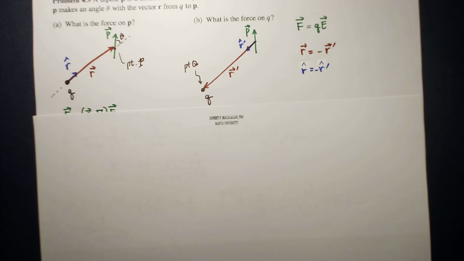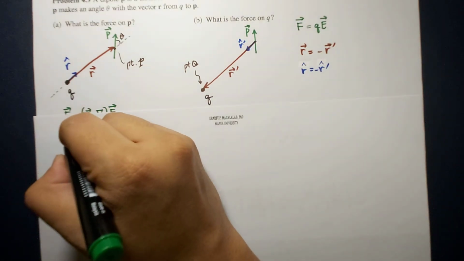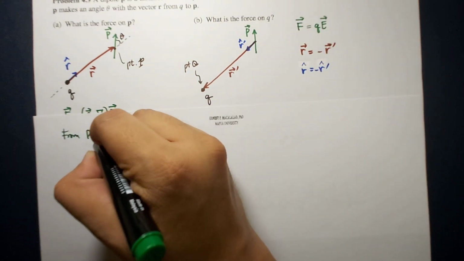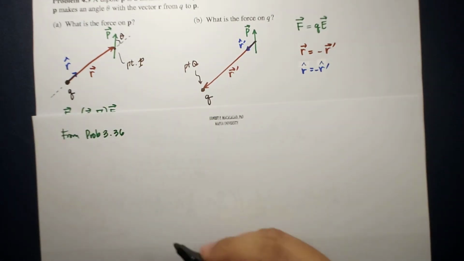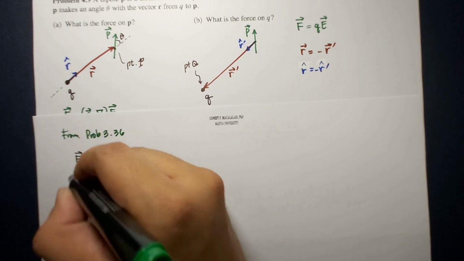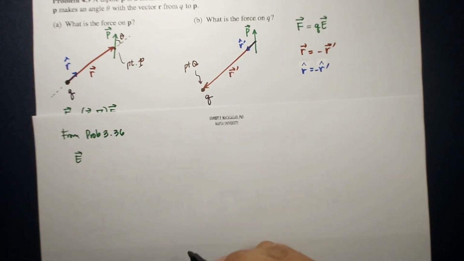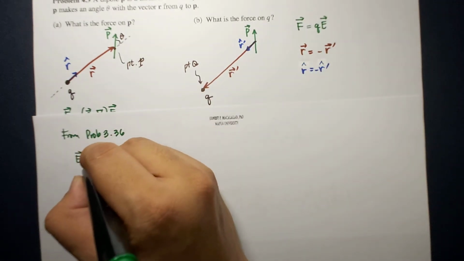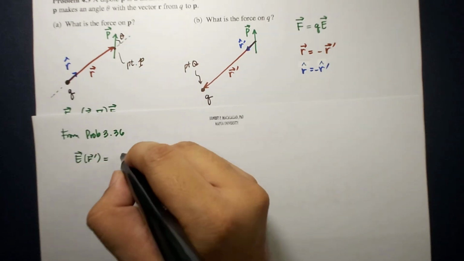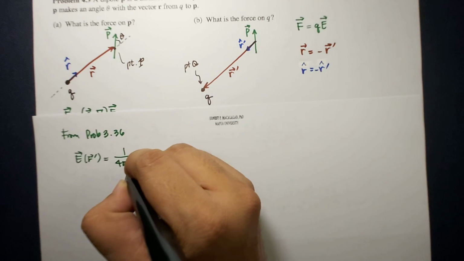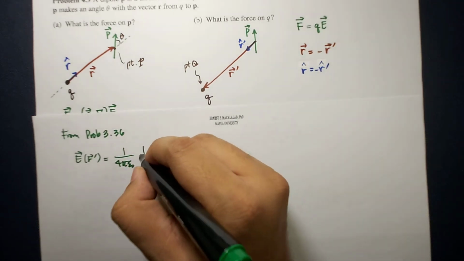And from problem 3.36 of your book, the electric field due to a dipole is, in this case, with r prime, 1 over 4 pi epsilon sub 0 times 1 over r.